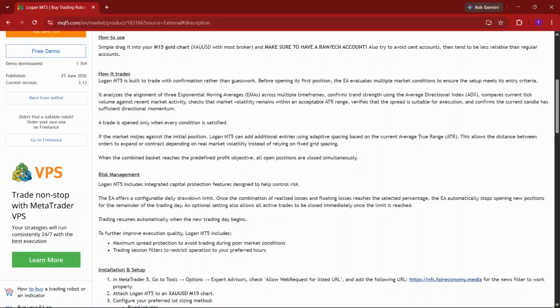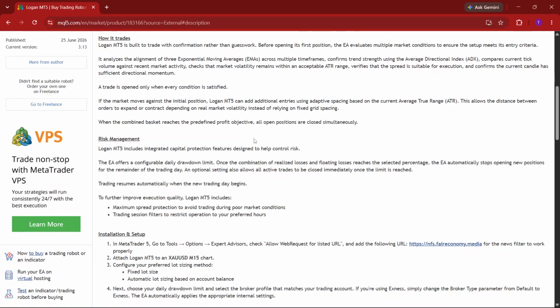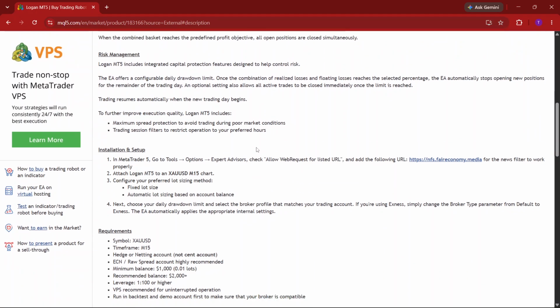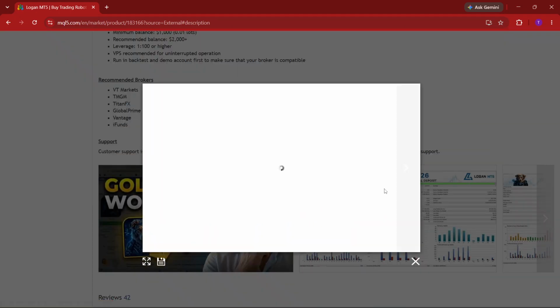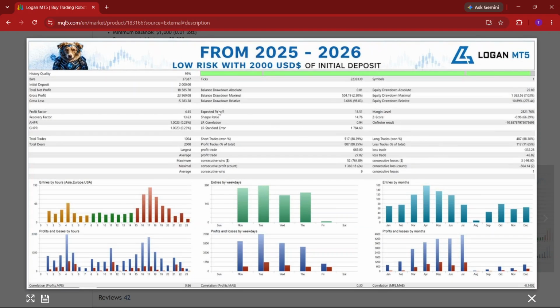It's worth noting that he repeatedly highlights a backtested win rate above 80% and calls that exceptional for anything with a grid component. As you can see here, this is his backtest result for the Logan MT5. We'll compare that with mine in a few minutes, so keep watching.